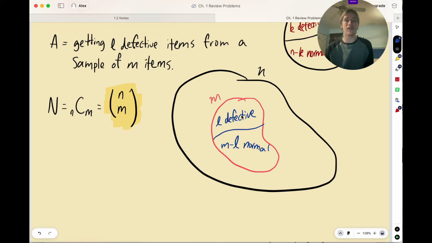Okay, so having a sample of m items where L are defective is equivalent to the 2 samples shown, where L are defective and m minus L are not defective.